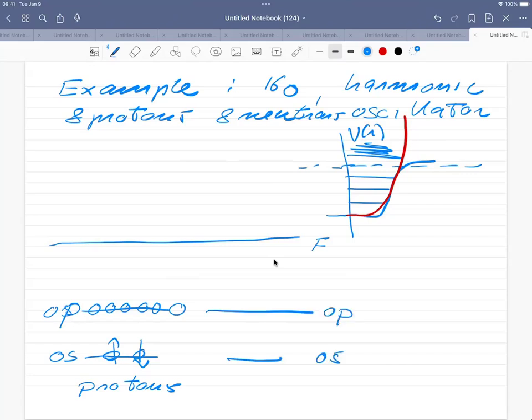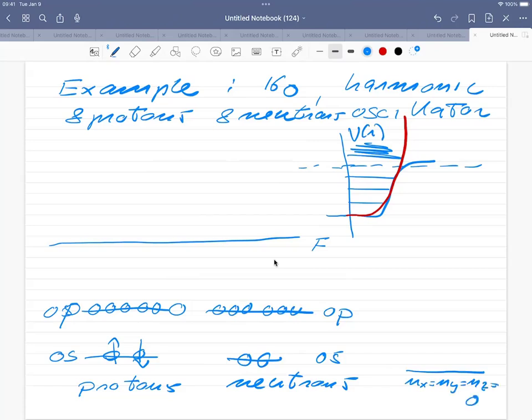So for neutrons here, you would then have 6 neutrons, which you can fill into this state. Now, if you're thinking of the harmonic oscillator in Cartesian coordinates, then you would have nx equal ny equal nz equal to 0 as quantum numbers.